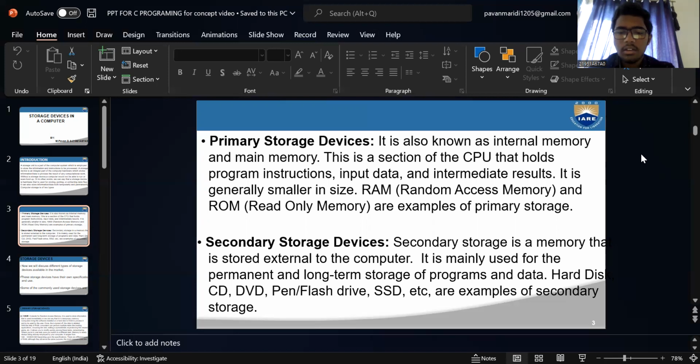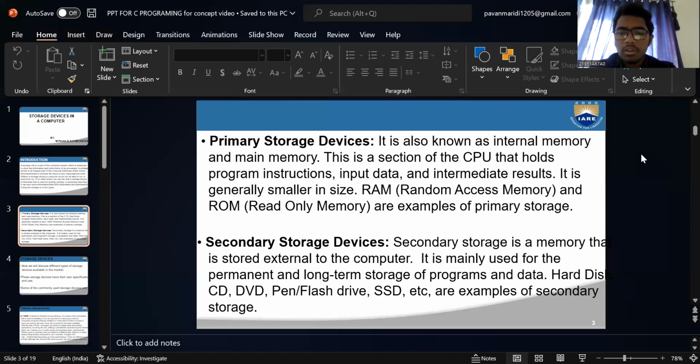Then we will see the secondary storage devices. Secondary storage is memory that is external to the computer, mainly used for the permanent and long-term storage of programs and data. Hard disk, CD, DVD, pen drive or flash drive, SSD, etc. are examples of secondary storage.